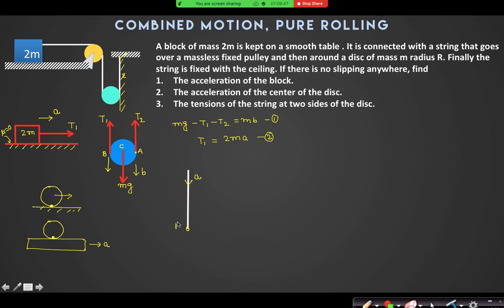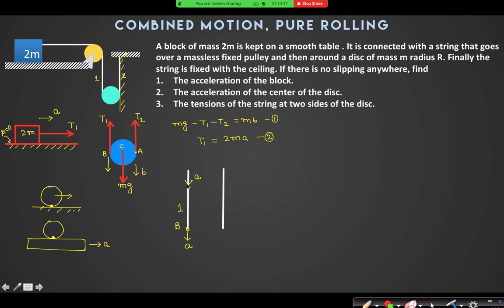Now, is this point also coming with acceleration A? Yes, it should. This is the first string. But if you talk about the second vertical string, is it A only or something greater than A at the point B? How can it be greater than A? It's A. Otherwise, this constraint equation will not hold true.